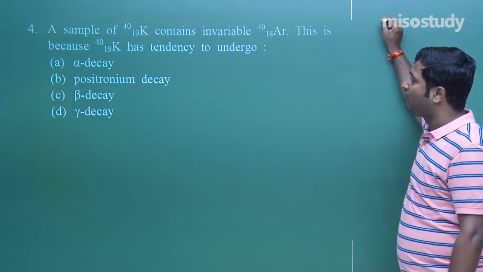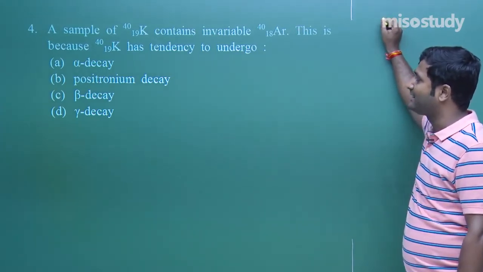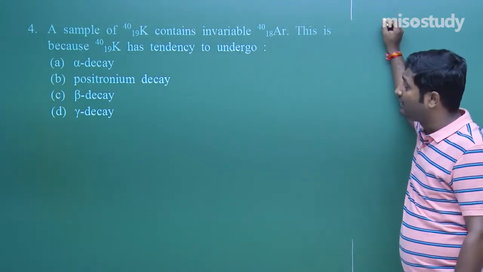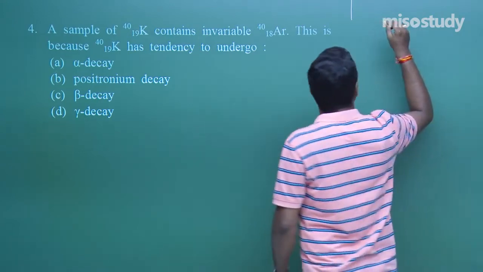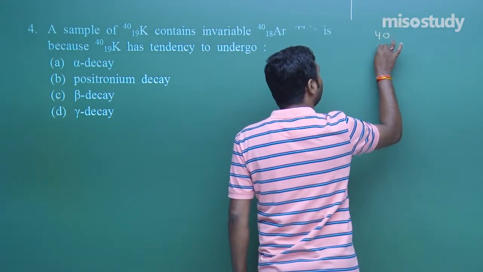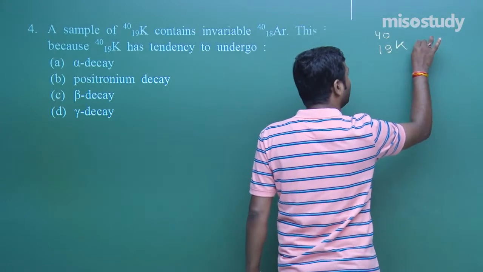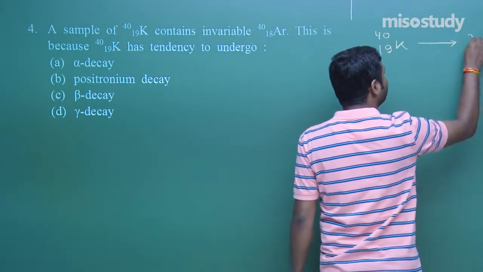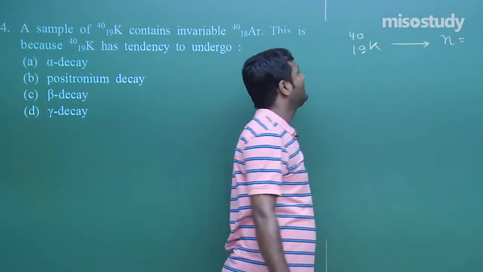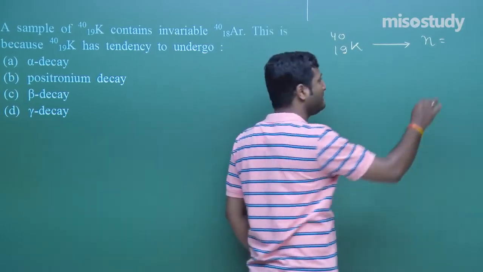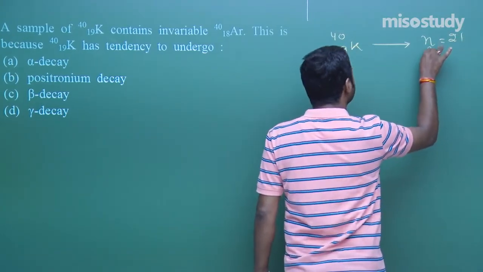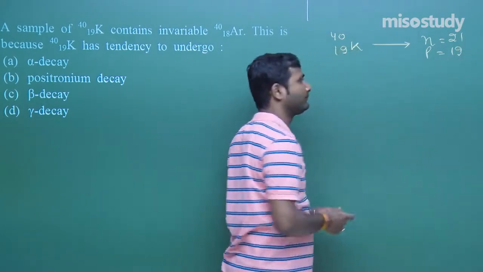This is because 19K40 has a tendency to undergo which one? Look at 19K40: N is equal to 40 minus 19, which is 21, and P is equal to 19.